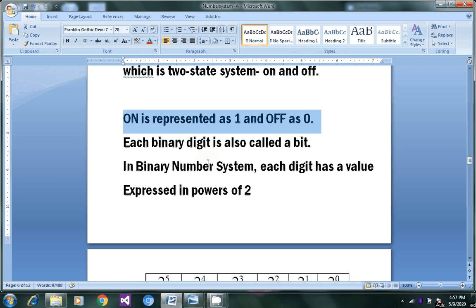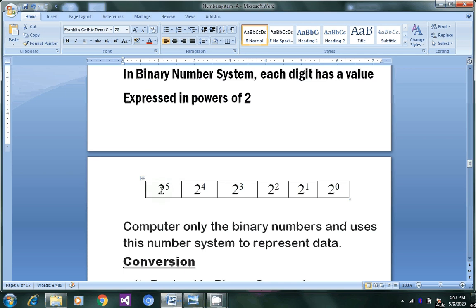The binary number system is also a positional value system where each digit has a value expressed in powers of 2. All of you see here, 2 to the power 5, 2 to the power 4, 2 to the power 3, 2 to the power 2, 2 to the power 1 and 2 to the power 0.